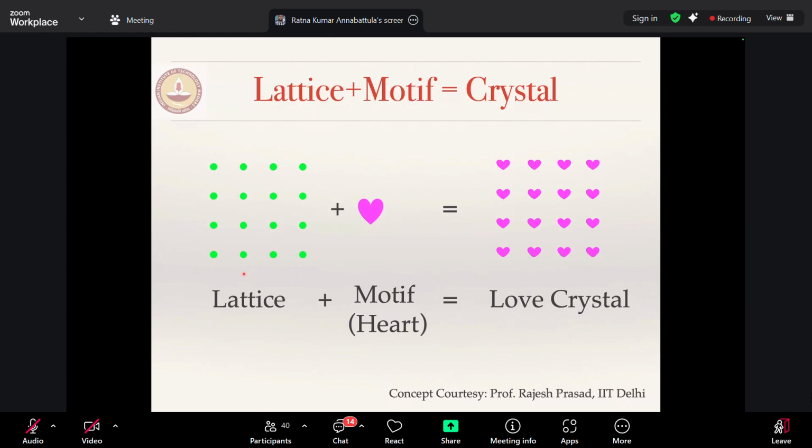Lattice is only a geometric construct where you are telling how the points are arranged, and what needs to be kept at those points is decided by the motif or basis. Depending upon what the motif or basis is, that particular lattice becomes a crystal of that motif. Okay, any questions here? Is this concept clear?